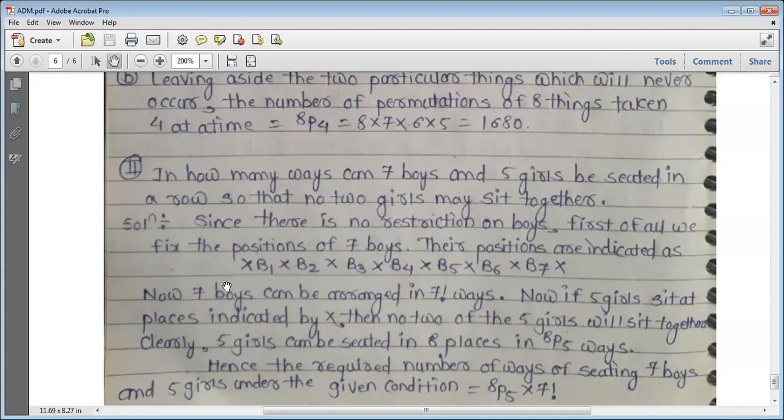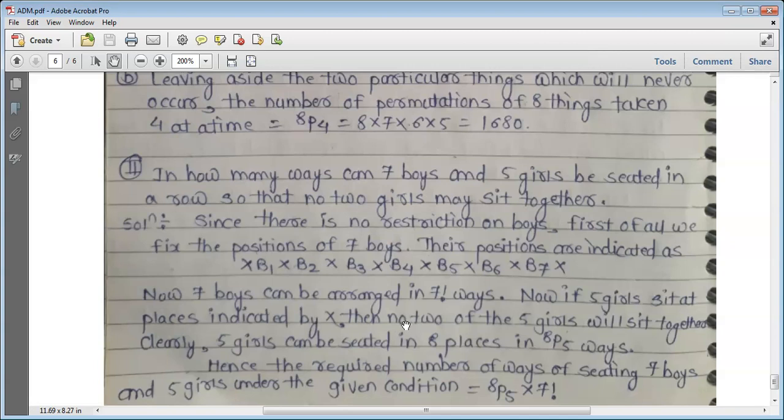As there is no restriction on the 7 boys, they can be arranged in 7 factorial ways. Now if the 5 girls sit at the places indicated by this symbol, either here or here, then no 2 of the 5 girls will sit together.